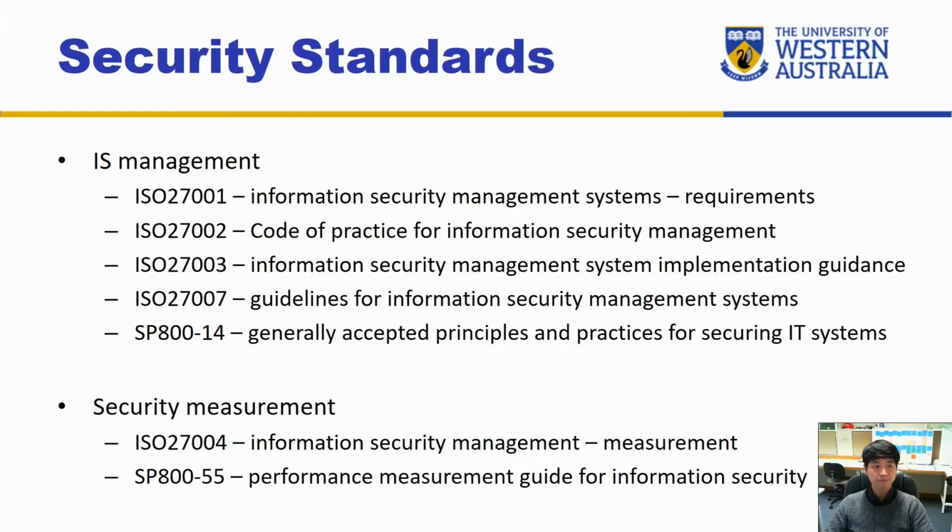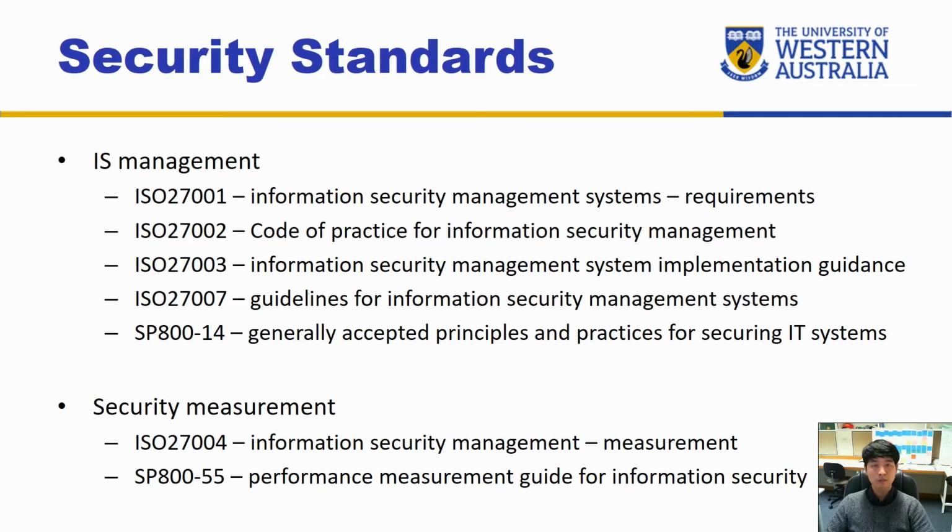Firstly, ISO management is outlined in 27001, 2, 3, and 7. Okay, so it's about the requirements, management, implementation guide, and guideline for information security management systems. Okay, for the NIST, there is a 14 for principles and practices for securing IT systems, and there's a couple of others.